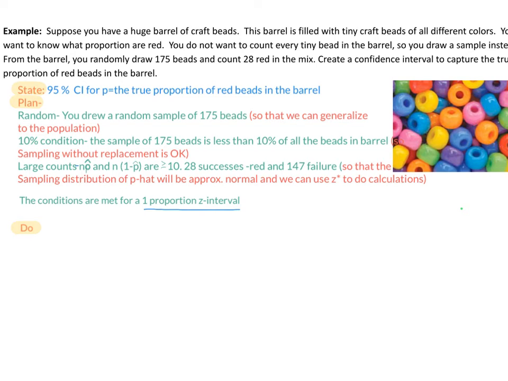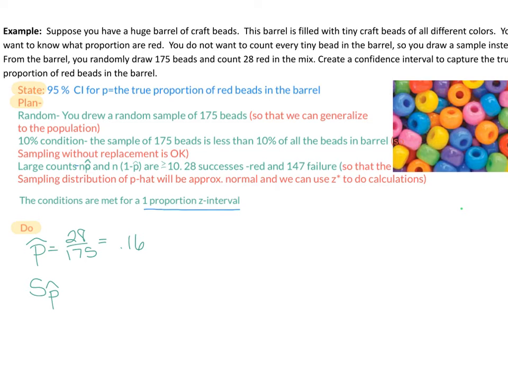Now in the do section, this is where I'm going to do my calculations. So I'm going to need p hat, and that is 28 out of 175 beads in my sample, which is 0.16. Now I'm going to need my standard deviation, but again, I don't have p. I only have p hat. So now I call it standard error.